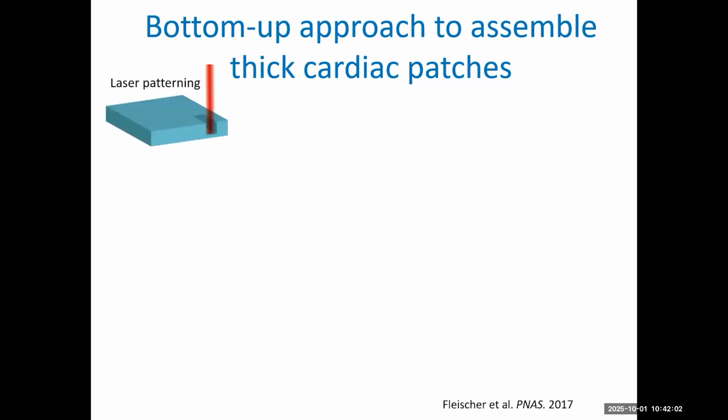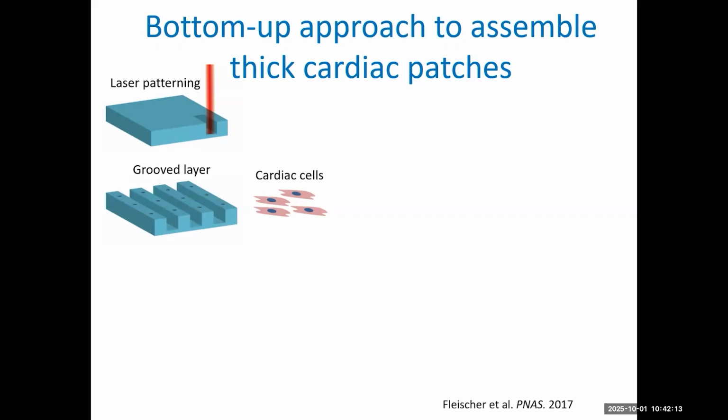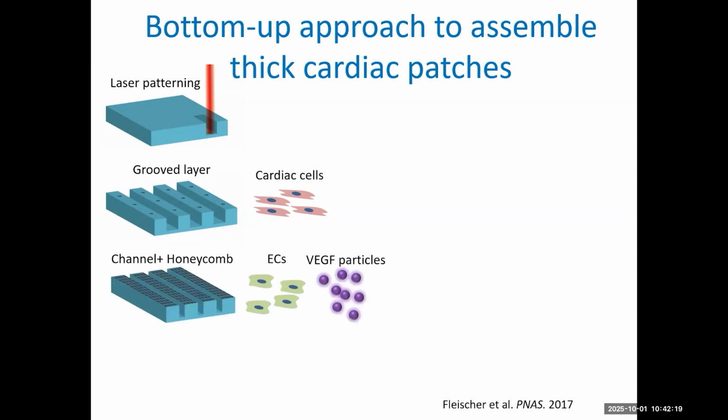And what we do here, we take electrospun fibers. We use lasers to pattern, for example, grooves for cardiomyocytes to have aligned tissues. We have many of these thin tissues. We can have another layer or a few layers of channels for endothelial cells and honeycomb structures for VEGF-releasing particles to promote vascularization.